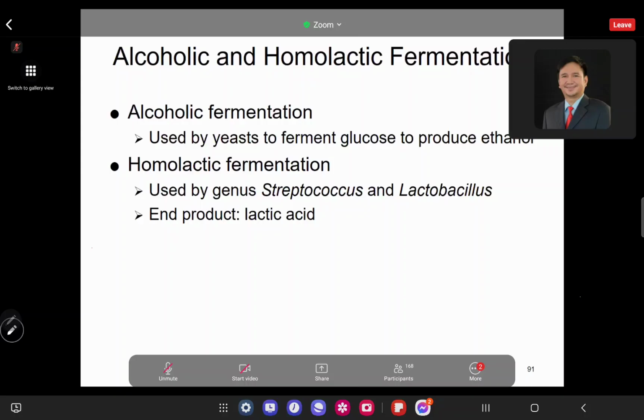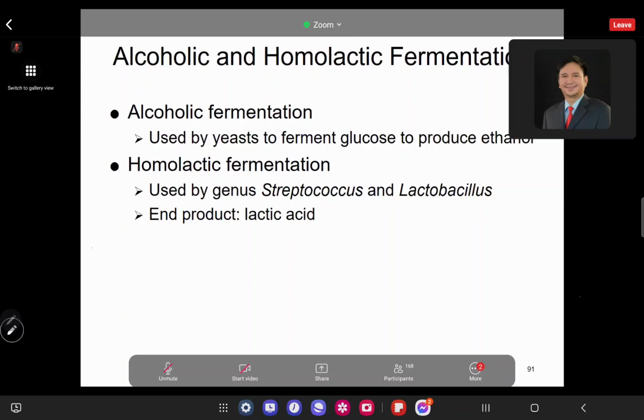These are good bacteria inhabiting our GIT, gastrointestinal tract, as well as in the vagina of our females. The end product of your homolactic fermentation is lactic acid.